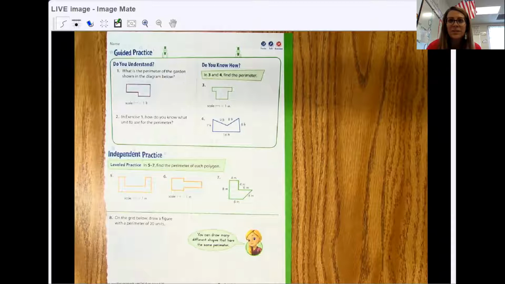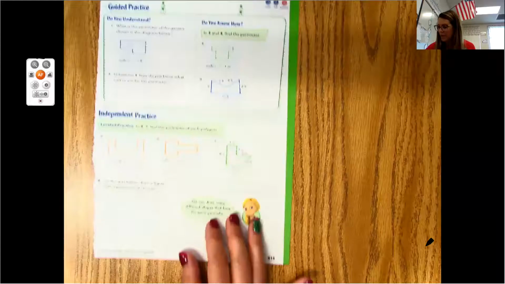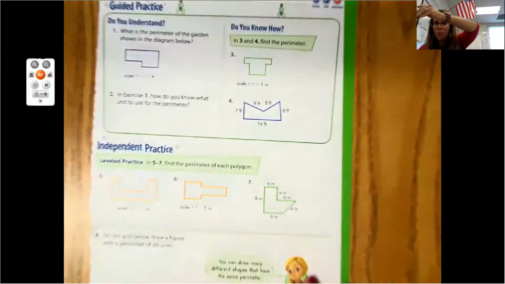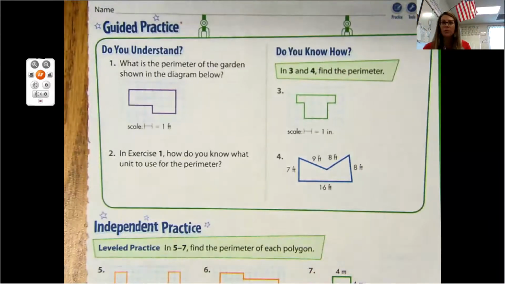And I always have to do this 2 times. Let's see. Share it again. Okay, you should be able to see my workbook page. So you need to be on page 615.